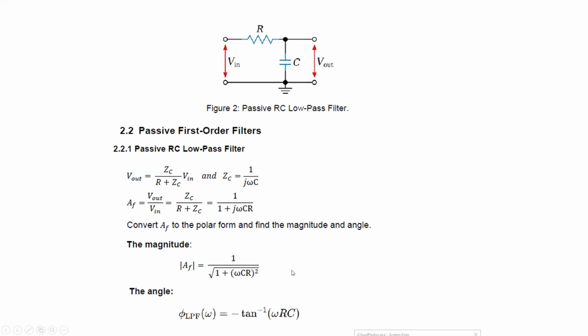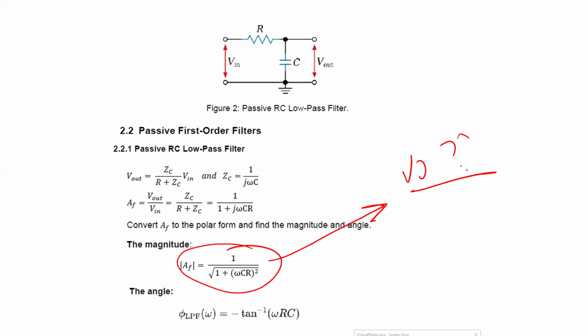So now I have two equations. This one should tell you the value of the output at different frequencies. This should give you the frequency response, as you will see right now: how the filter works and what response we should see.